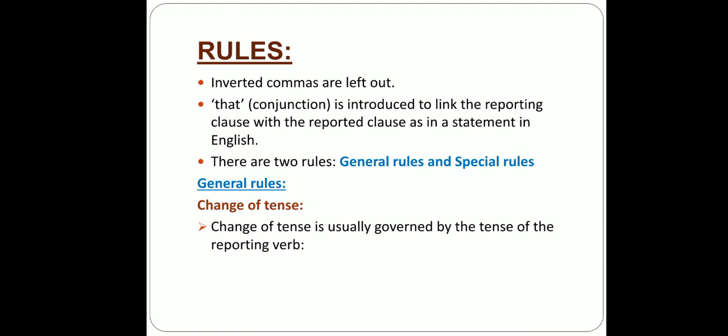Change of tense is usually governed by the tense of the reporting verb. It is the most important thing. Here the first clause will decide the tense of the direct speech, which tense should be used in indirect speech.